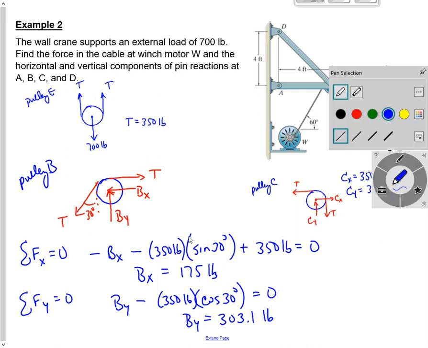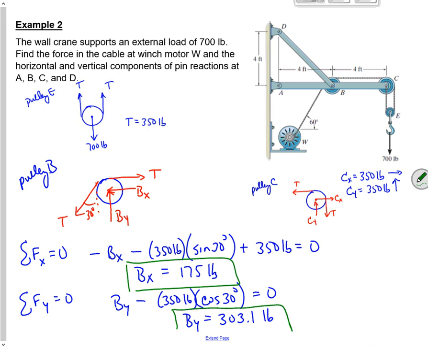So let's spruce things up a little bit. Here's one answer, here are two more answers.